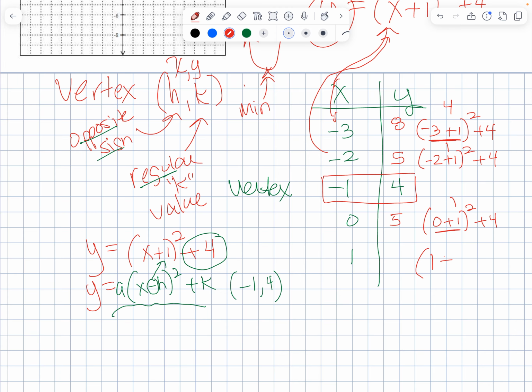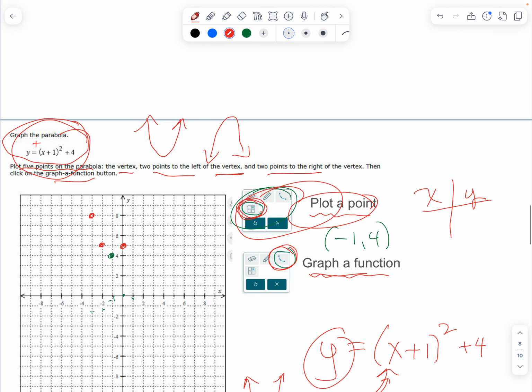So (1 plus 1) squared plus 4. Well, 1 plus 1 is 2. 2 squared is 4, and 4 plus 4 is 8. So we'll come back and use plot a point and find 1 comma 8 right there. And then you'll hit graph a function, and when you do that, and all your points are correct, it'll come in and it'll graph the parabola there for you.